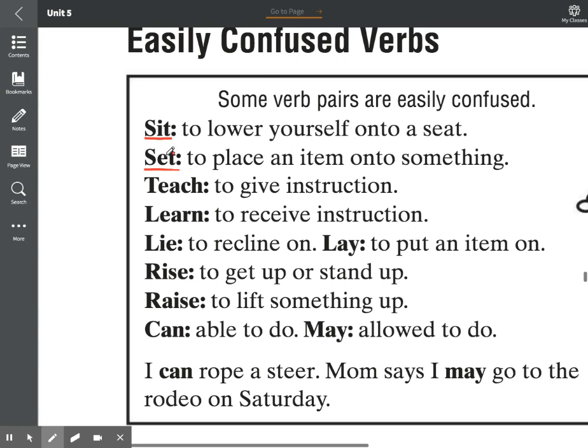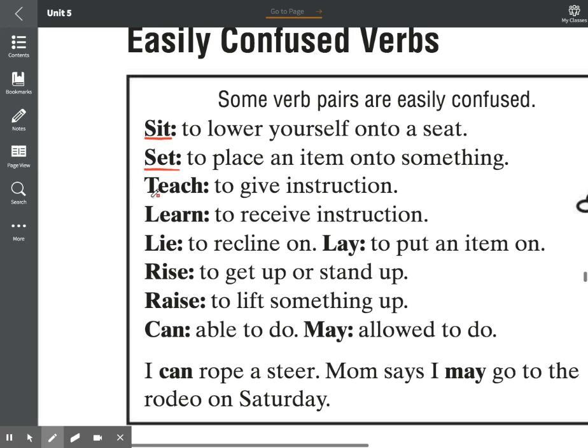When you set something, it means that you place it onto something else. For example, when you help your mom to set the table for dinner, it means that you are setting the plates on top of something else, which is the table.